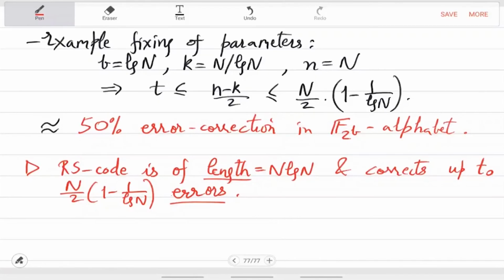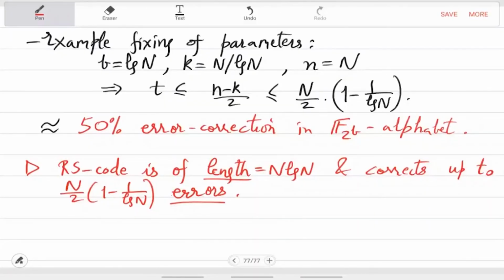And the errors that Bob would be able to handle on the channel is nearly half. Okay, so this is a very surprising fact. It wasn't at all clear in the beginning a priori whether this thing could even exist. Right? So this is a very fast algorithm. This is a subquadratic time algorithm for encoding and decoding. Any questions?